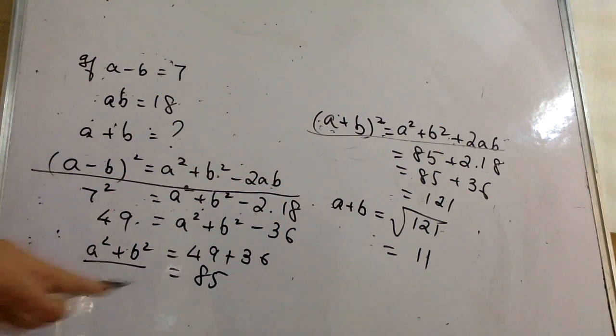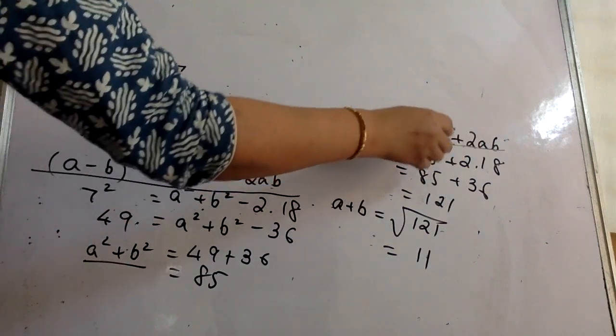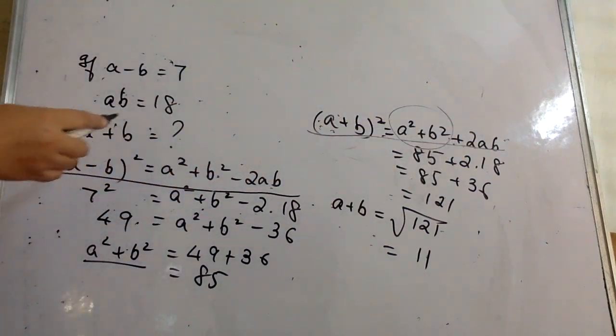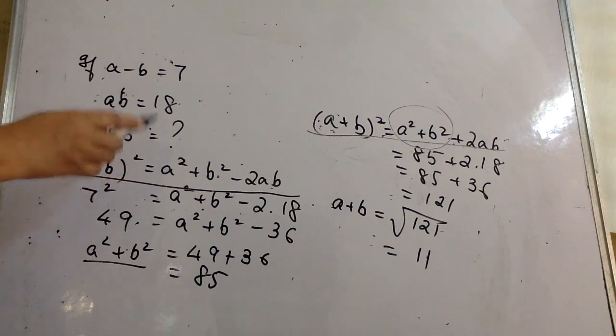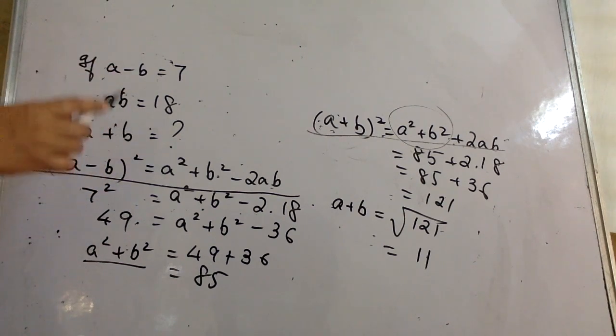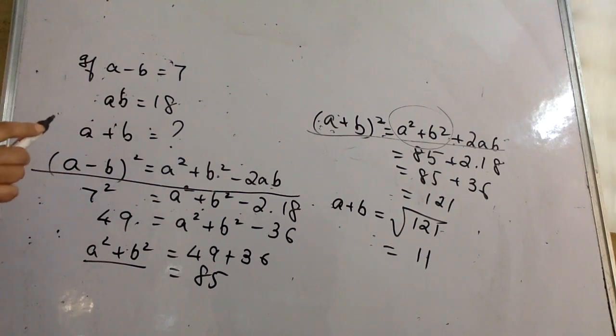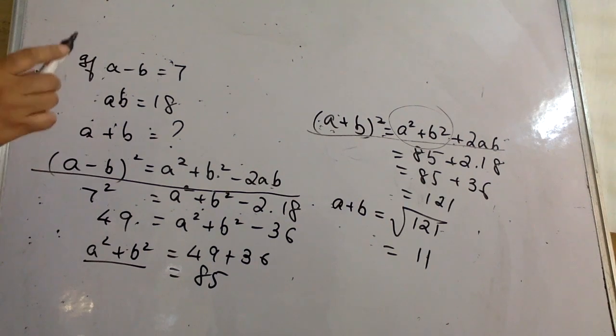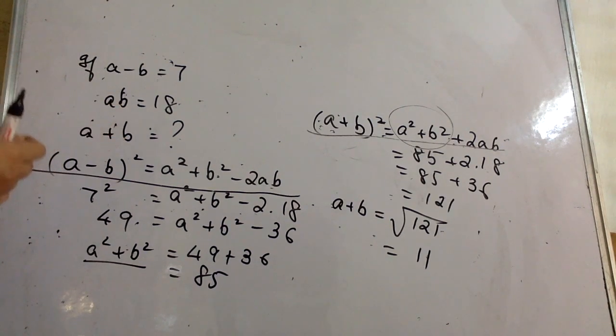That is very important. Then we fill up this and we fill up this, and we do know that we don't know this part. As I said in the previous sum, you are trying to find the value of a square and b square together. Not that we find a somehow and then substitute, then get the square and substitute. It's not like that.